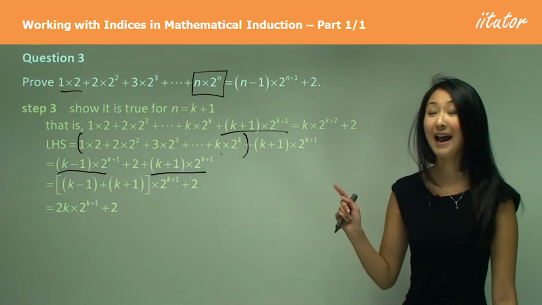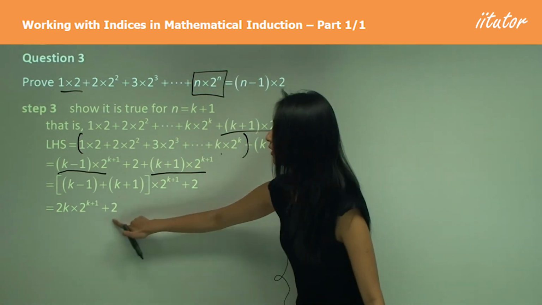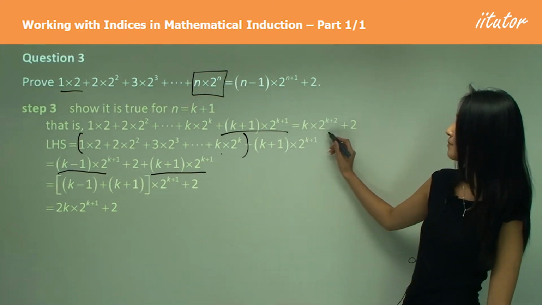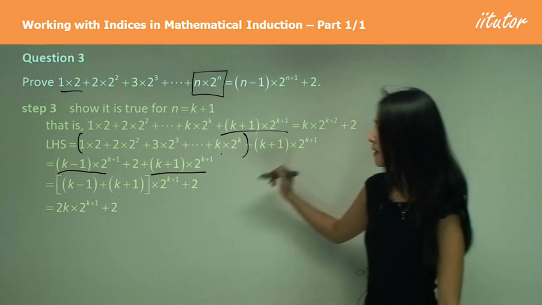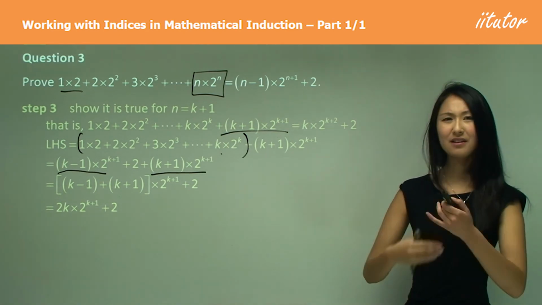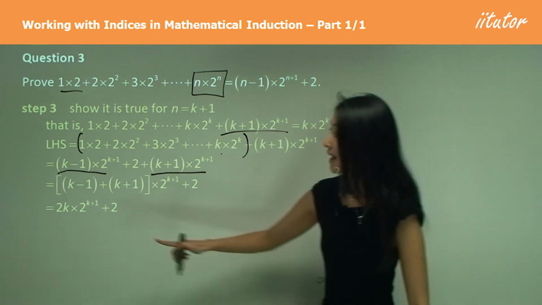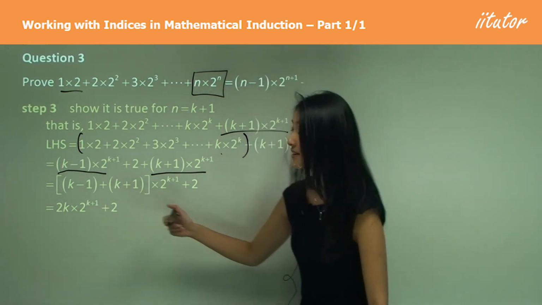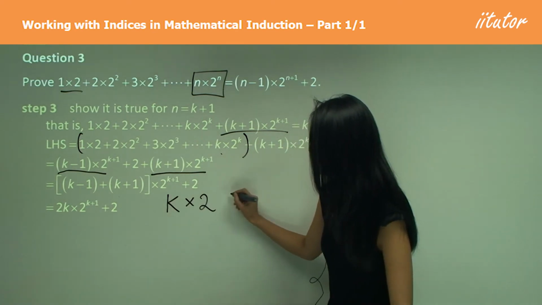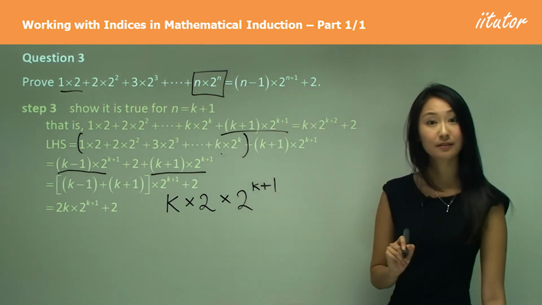Okay, let's look back to the right-hand side. So here we have the plus 2. So that we have, but what we don't have is the k times 2 to the power of k plus 2. We have k times 2 to the power of k plus 1. So how am I going to change that so we get the k plus 2? Well, you can see that we have that 2 there, right? So I want you to consider it as k times 2 times 2 to the power of k plus 1, right?